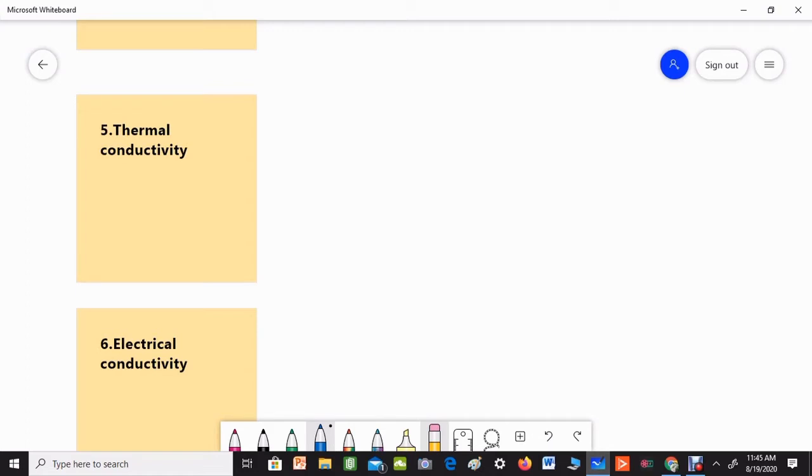Metals are good conductors of heat and they possess a high melting point. It is interesting to know that silver, Ag, is the best conductor of heat.